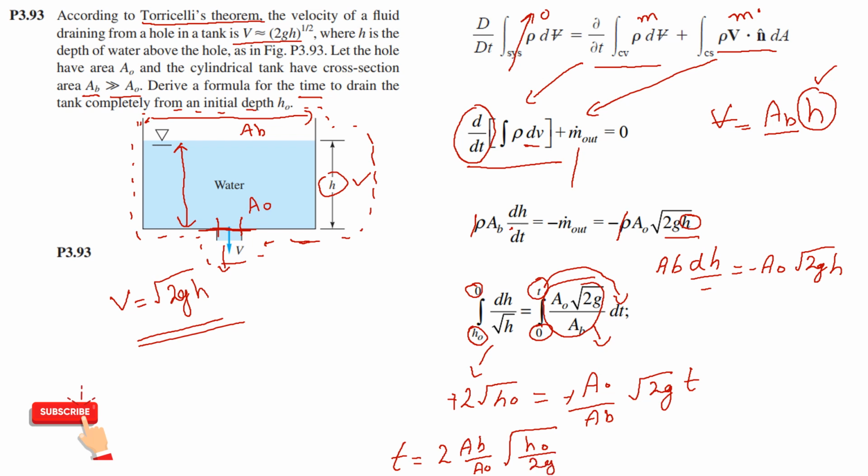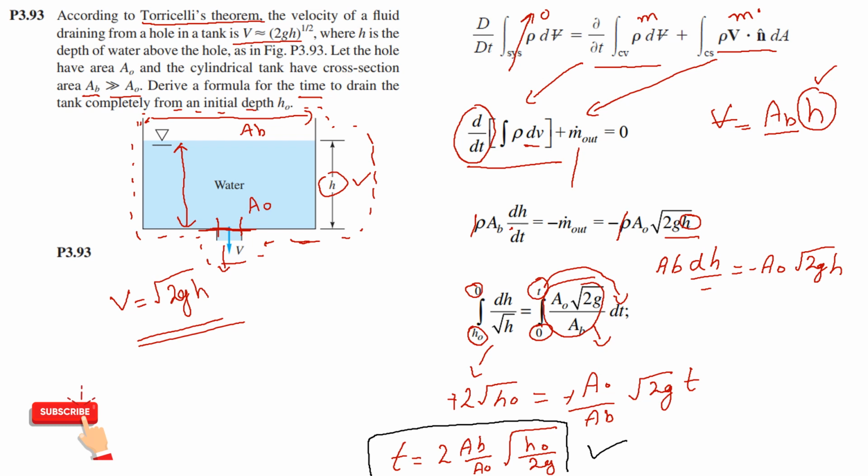So this will be our final equation through which we can find the time that is required to drain this tank when it is filled up to a height h. So using the Reynolds transport theorem for mass conservation, we found that time.